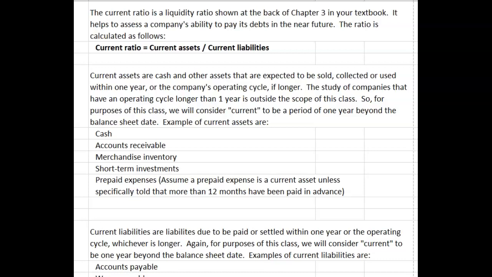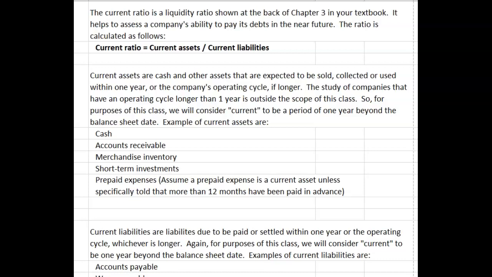Now, you and I have not discussed current assets and current liabilities, but there is a really good explanation of current assets and current liabilities in your textbook in Chapter 3. But let's go ahead and define them on this video, just so everybody's up to speed. Current assets are cash and other assets that are expected to be sold, collected, or used within 1 year, or the company's operating cycle if longer.